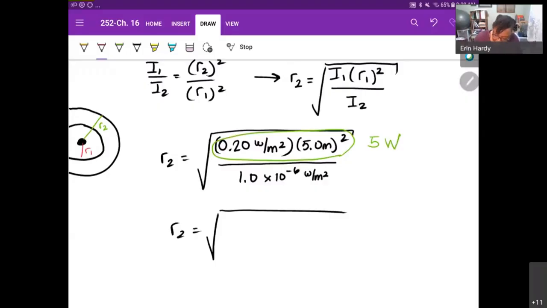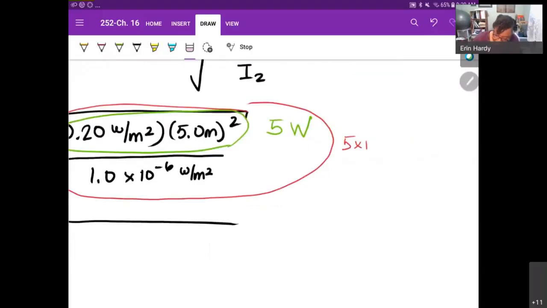And if we divide that by 1.0 times 10 to the negative 6, we get 5 million. So 5.0 times 10 to the 6.